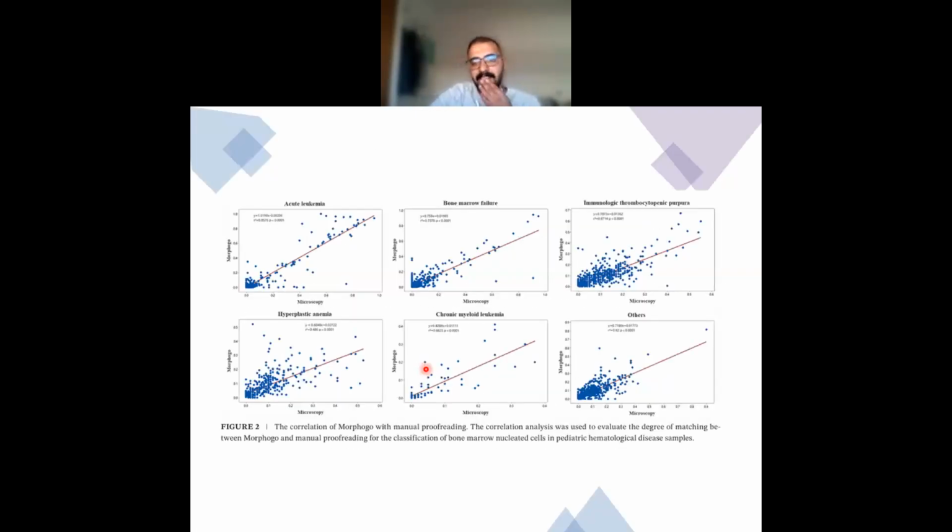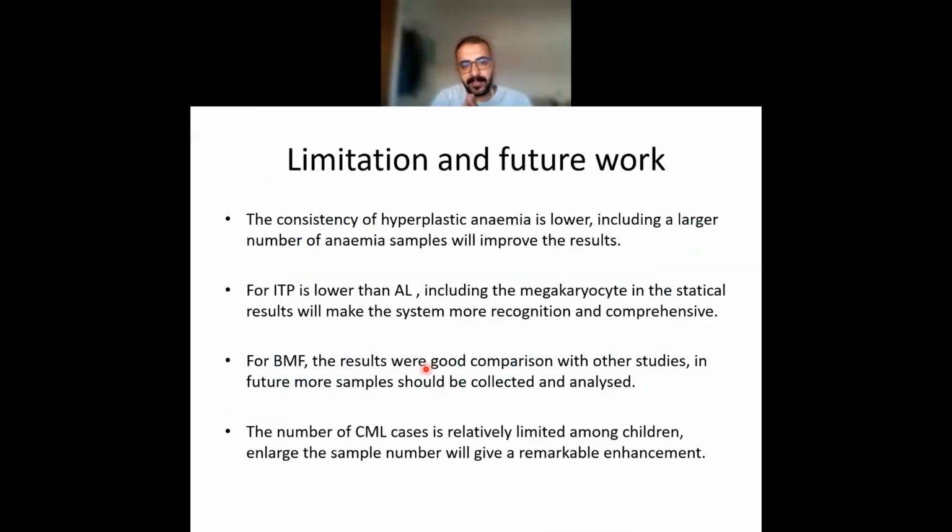So yes, these are the results for the R square and p-value for different types of pediatric hematological disease. The limitation and future work of this study are, I think, all about the sample size.